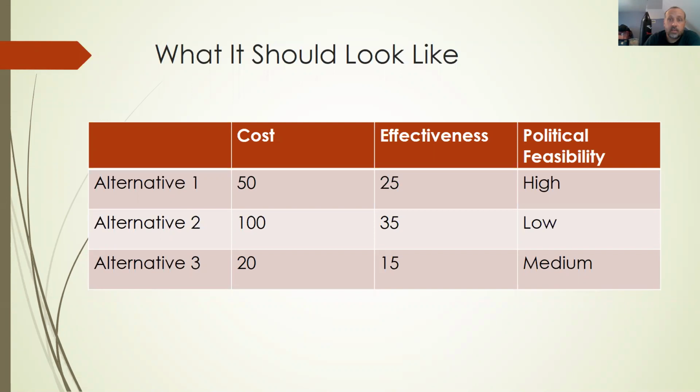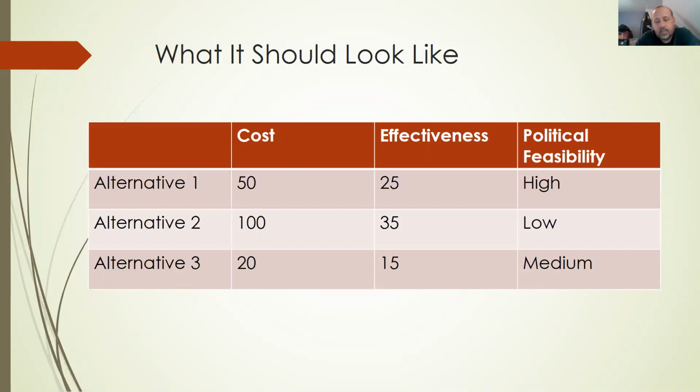So it is significantly more cost effective than alternative 1, but it has a lower political feasibility. It also has a lower overall cost, but a lower overall effectiveness. And so, that one's a little bit, I'm not sure.